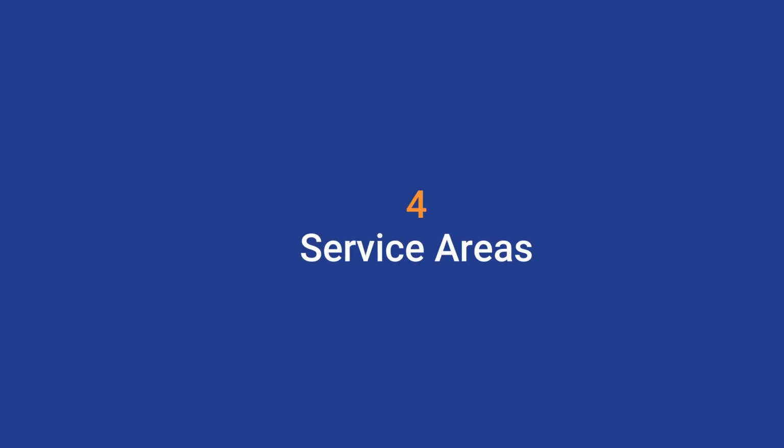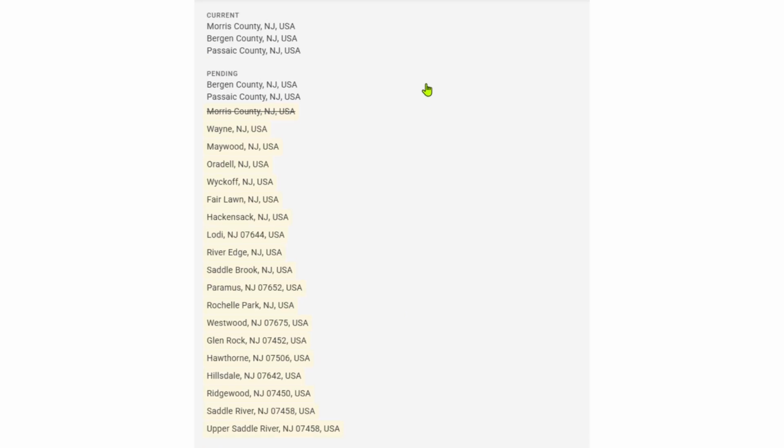Okay. All right. So next is, and the last one that I'm going to talk about today in this video, is service areas. Now, as you can see from the image that I'm sharing, this agency that my client was using just put in these; if you look at the top, it shows 3 counties.